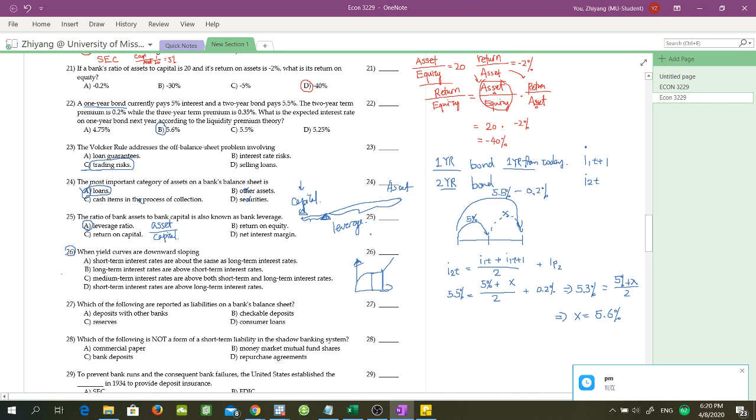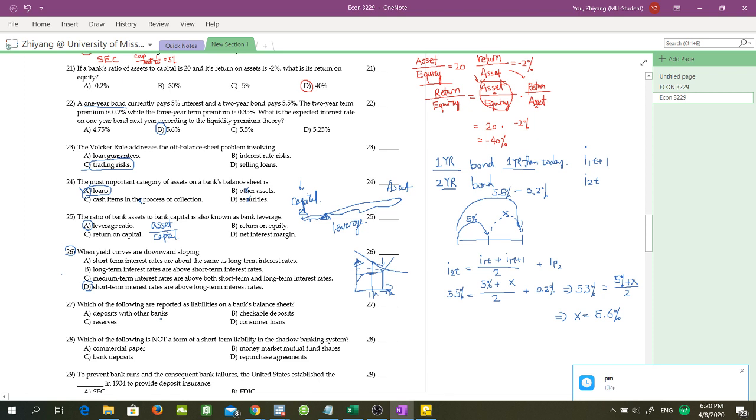So basically, if this is a 1 year bond and this is a 2 year bond, then this is the yield for this bond and this is the yield for that bond. But when it's downward sloping, it tells us the yield for short-term bonds is higher than for long-term bonds. That's why we call it inverted.